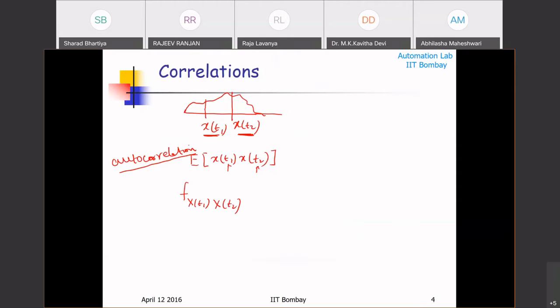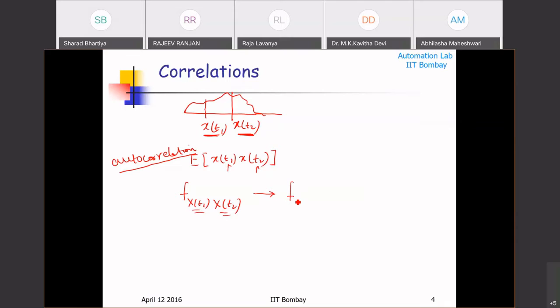Okay. So you are now comfortable with densities, and so you could have a joint density, and if the variable is such that what is T1 and T2 is not important, but what is important is how far T1 and T2 are from each other.